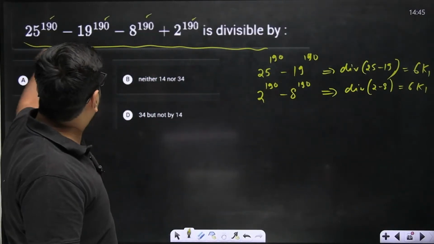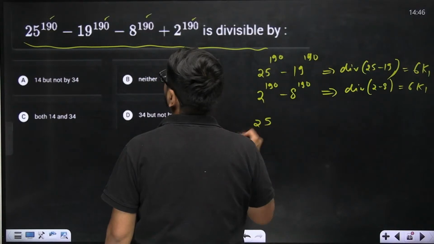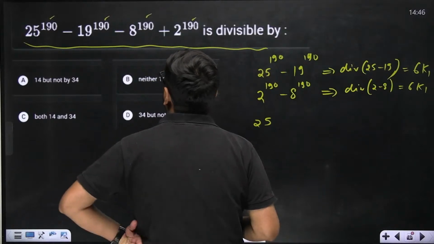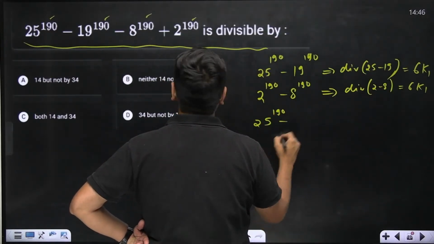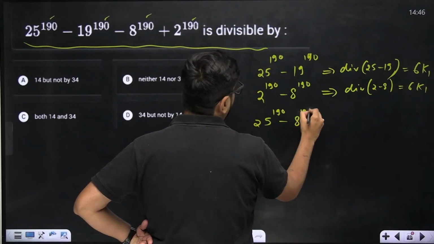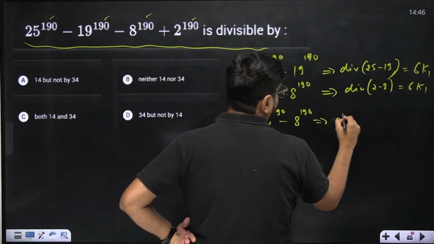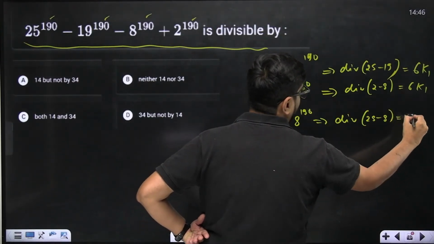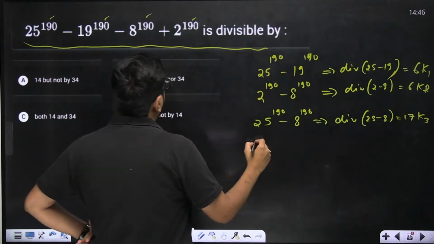Right. Now if we create another pair, suppose we create it like this, 25 to the power 190 minus 8 to the power 190. So this will be divisible by 25 minus 8, that means 17. This is k2, let's say, right?